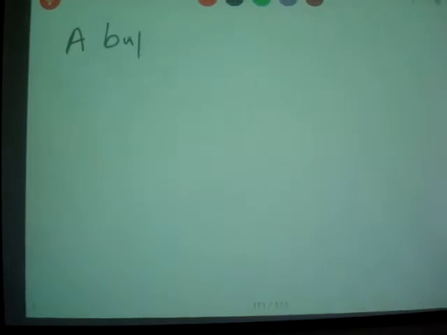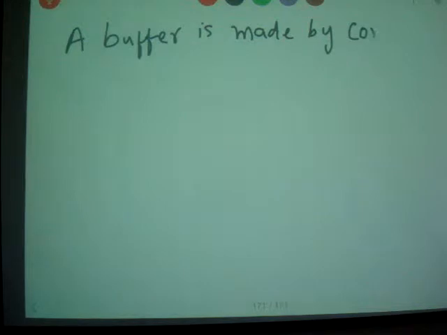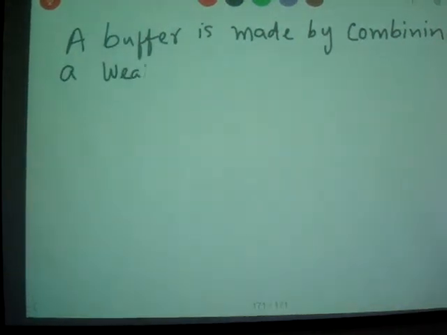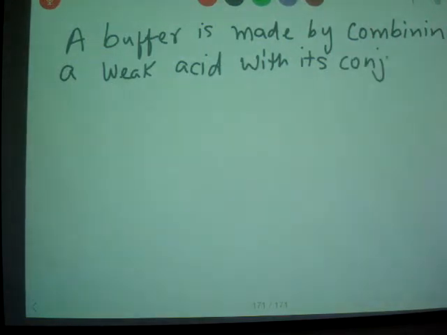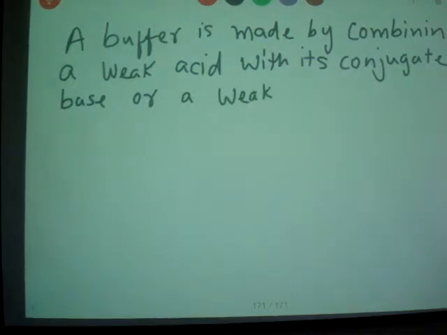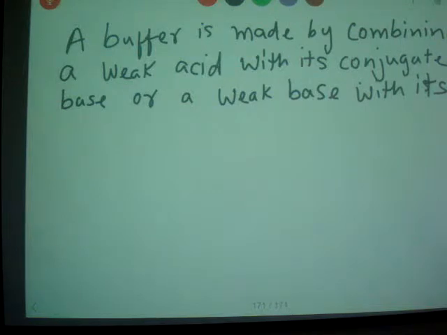So a buffer is made by combining a weak acid with its conjugate base, or a weak base with its conjugate acid.